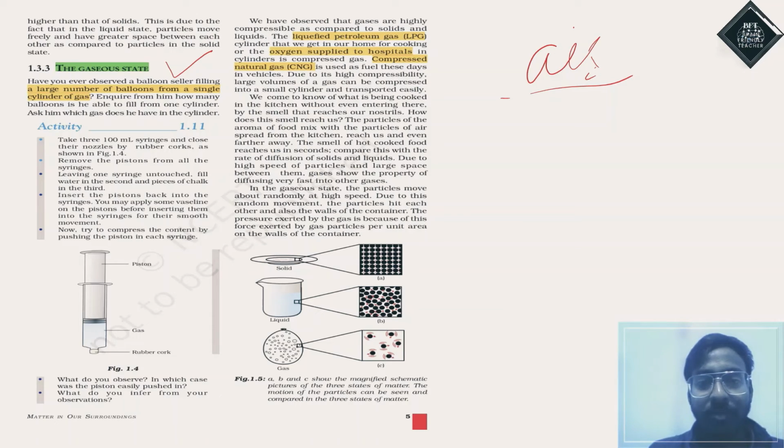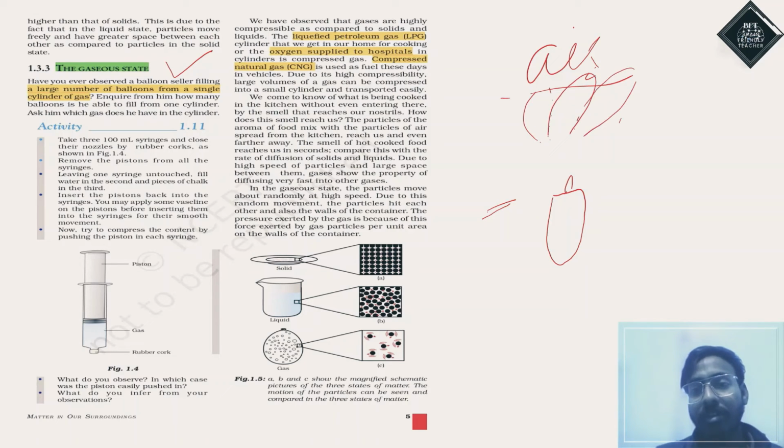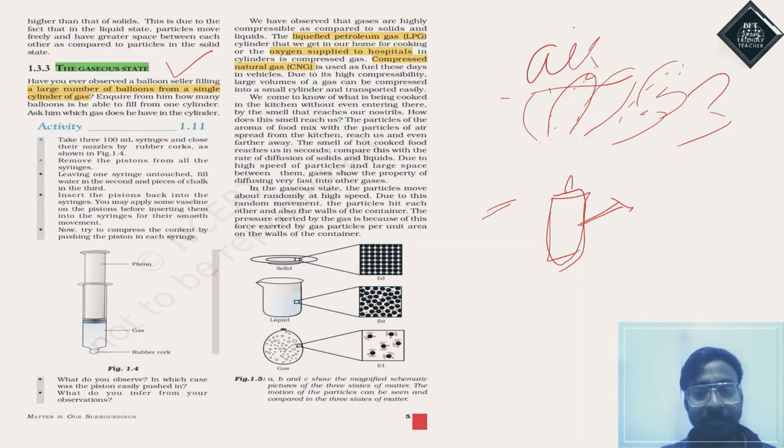When the balloon seller with a cylinder comes to your street, you may have noticed that from one single cylinder he fills so many balloons. So how can you say that a gas has a fixed volume, because the cylinder volume is this much and the balloon volume is too much.